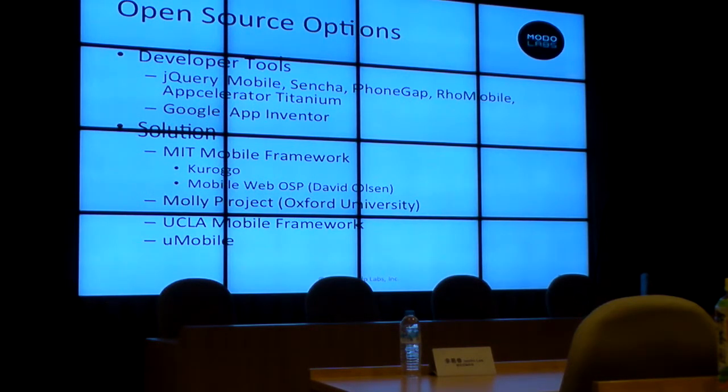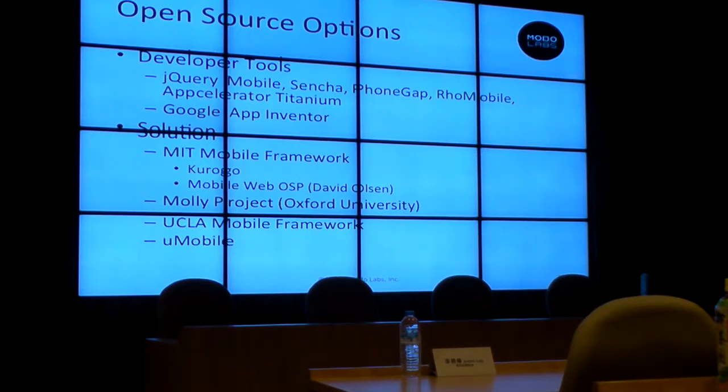There are many open source options for developers, especially for creating universities' mobile presence or an enterprise's internal mobile presence. You may already be familiar with some of these tools, so I won't go into too much detail, but jQuery Mobile, I think, is sort of... there was jQTouch, and then jQuery Mobile is the more recent one that's gaining momentum.